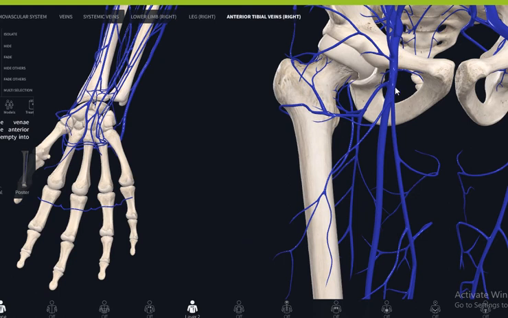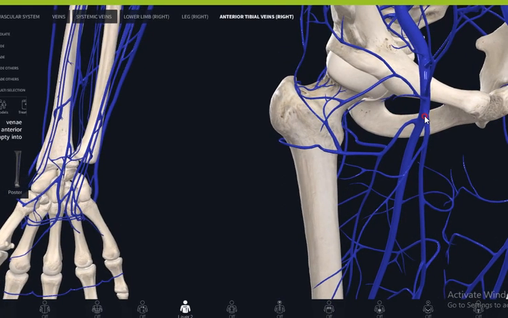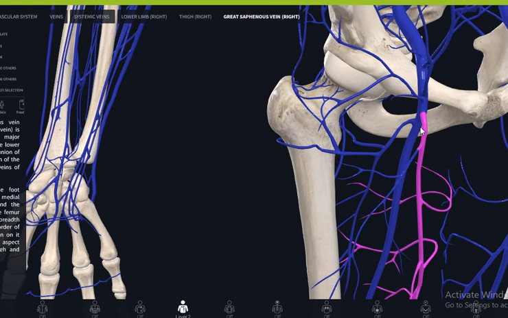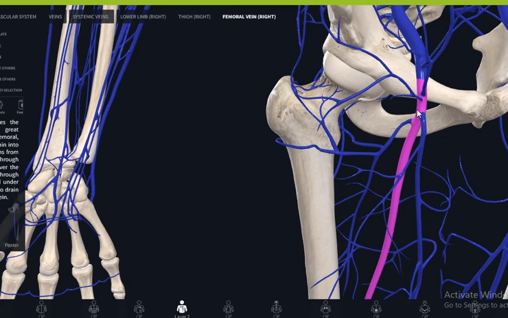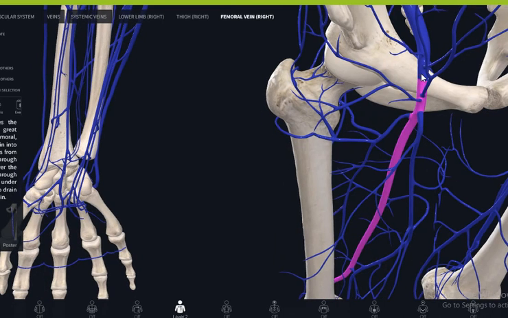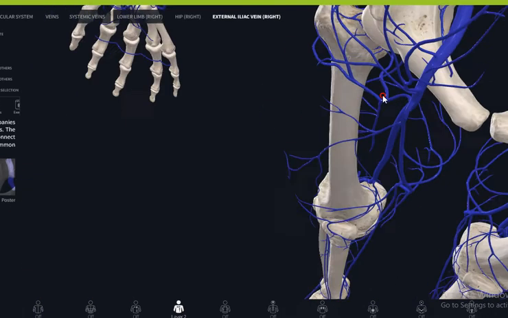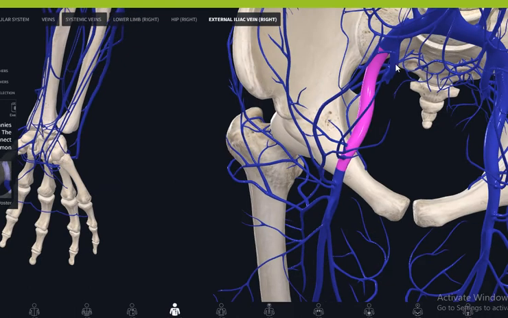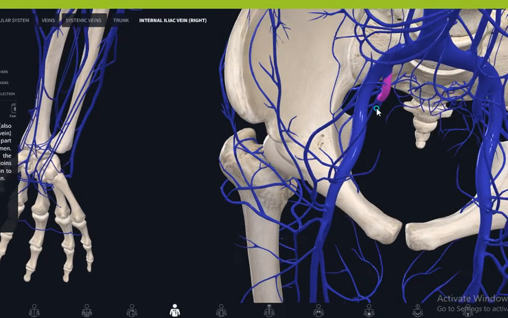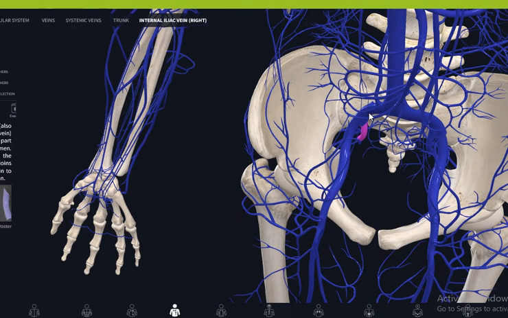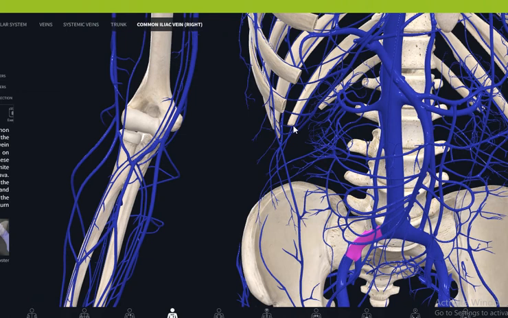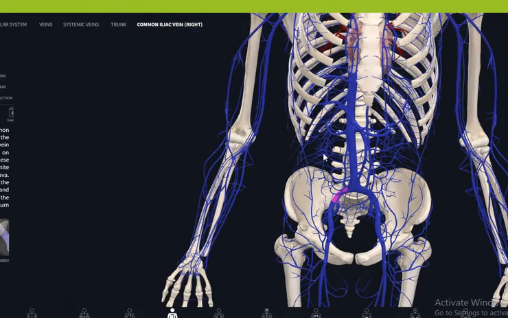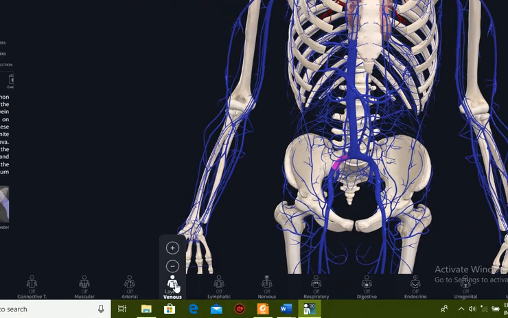As the saphenous hiatus opens, you see that the greater saphenous vein is going to join with the femoral vein to form the external iliac vein, and the external iliac vein is going to join with the internal iliac vein to form the common iliac vein, going back to the heart via the inferior vena cava. So this is the circulation of the lower limb.